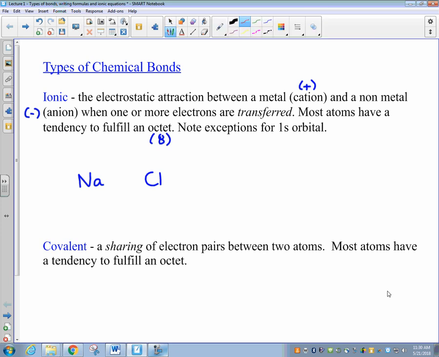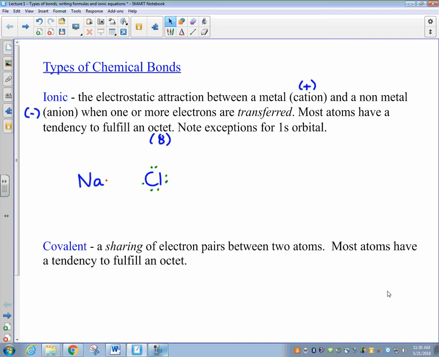Sodium as a group 1 atom has a total of 1 valence electron, that is 1 electron from the 3s orbital. And chlorine as a halogen has a total of 7 valence electrons from both the 3s and 3p orbitals. So we have 1, 2, 3, 4, 5, 6, and 7 electrons.